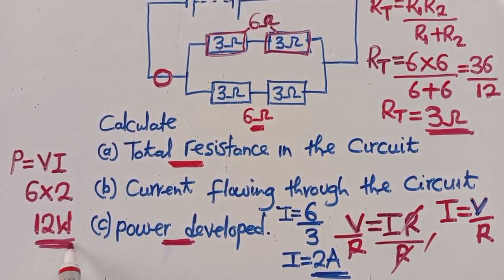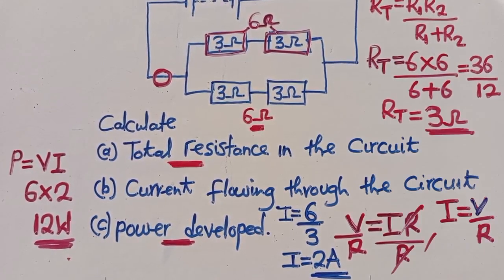So 12 watts, this is the power. This is how you need to be answering questions that come in an exam, as simple as this. Have you seen me struggle answering these questions? No. This is how you are supposed to be answering them.